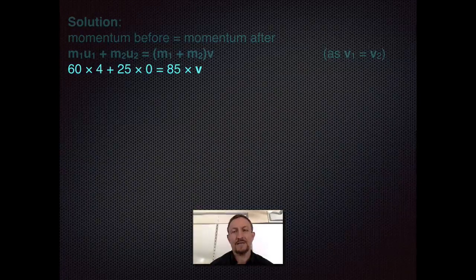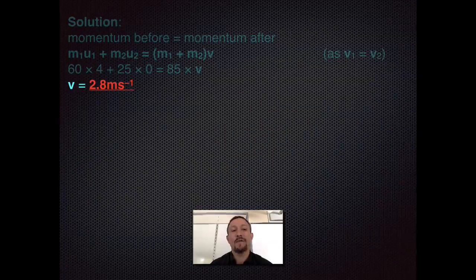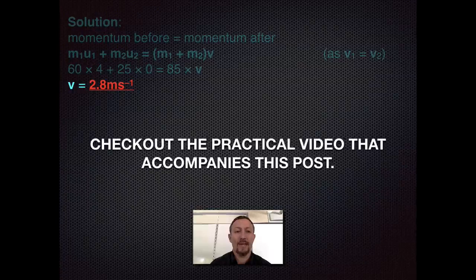That's obviously going to be 0 because the object is stationary. It's going to equal a combined effect, and we're going to treat the two trolleys as though they're one trolley. So we add the two masses together, 85 times v. All I have to do now is rearrange it, and I end up with v equals 2.8 meters per second. This is positive, which means it's going in the same direction again.